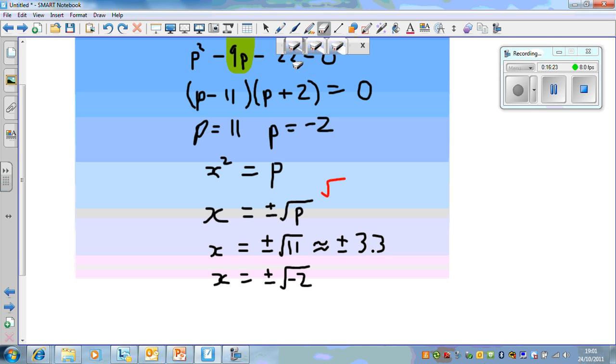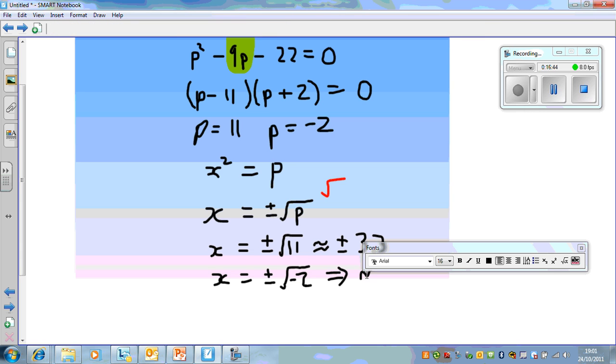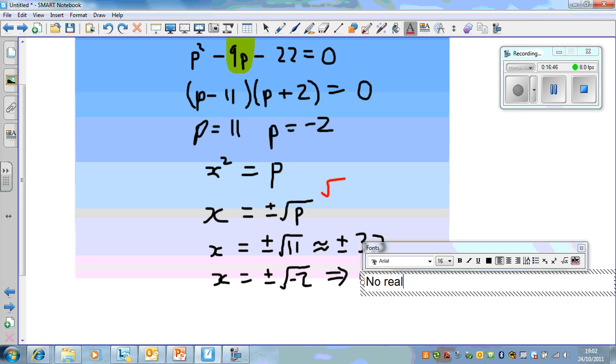Now, whatever you do, don't just slyly rub it out. Don't rub that minus sign out and pretend it wasn't there. The examiners will notice, okay? The square root of minus 2 means you can't do it, so there are no real solutions.